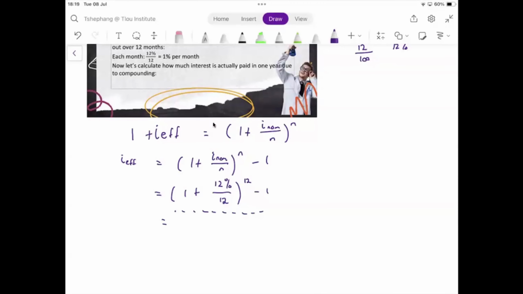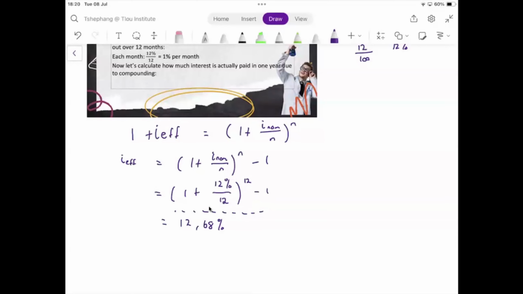Okay, thank you to the guys that are posting their answers. We are getting 12.68%. And that is what I got as well when I did the calculation. So even though the nominal rate is 12%, the effective rate is actually 12.68.